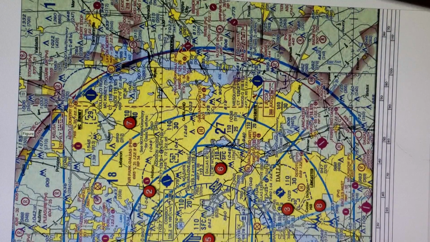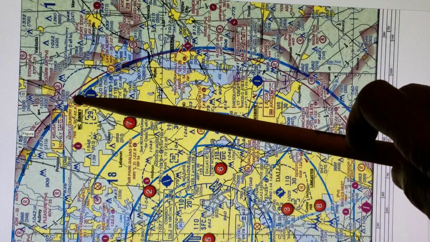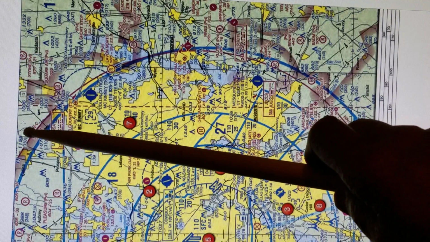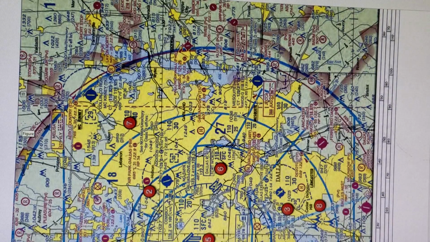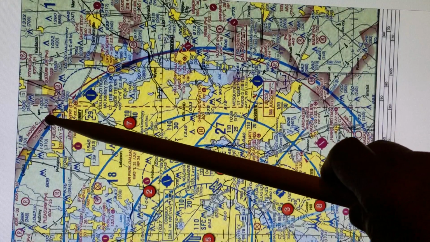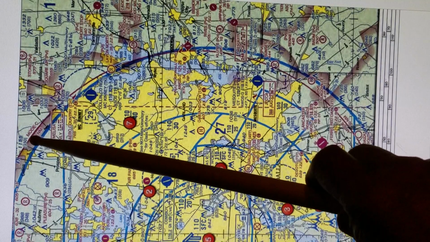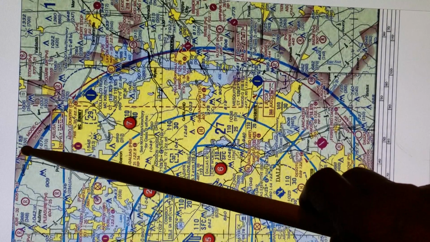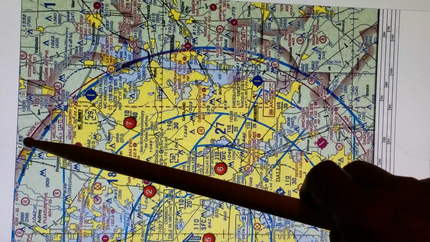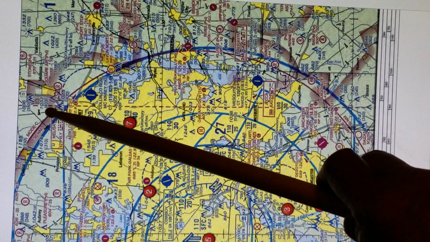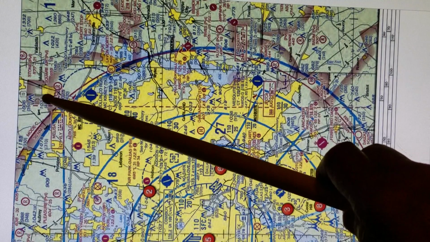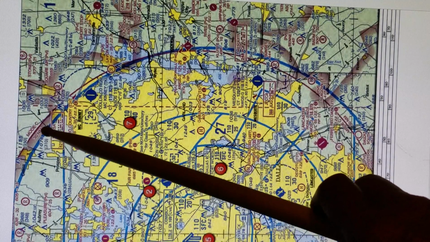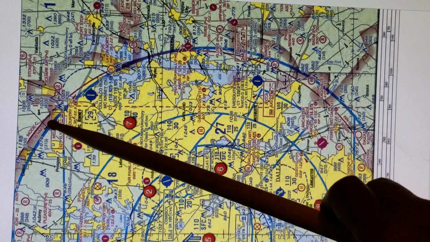See over here, I don't know if you see it when I'm pointing, it's marked Mode C. Okay, let me move this out. Yes, marked Mode C, 30 nautical miles Mode C. In other words, it's not really classifying the airspace in terms of airspace classification, but it is the mandatory equipment requirement to enter this area, 30 nautical miles.